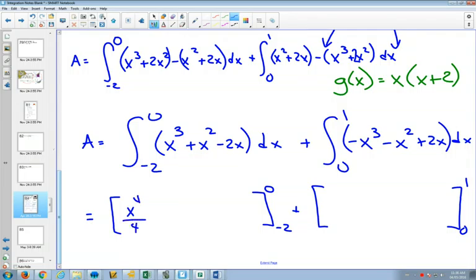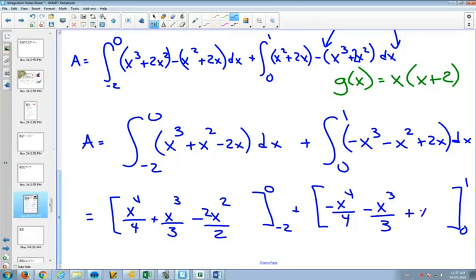We're going to get x to the 4 over 4 plus x cubed over 3 minus x squared, or 2x squared over 2, just to follow the pattern. And on the other side, you're going to get exactly the same thing with the opposite sign.